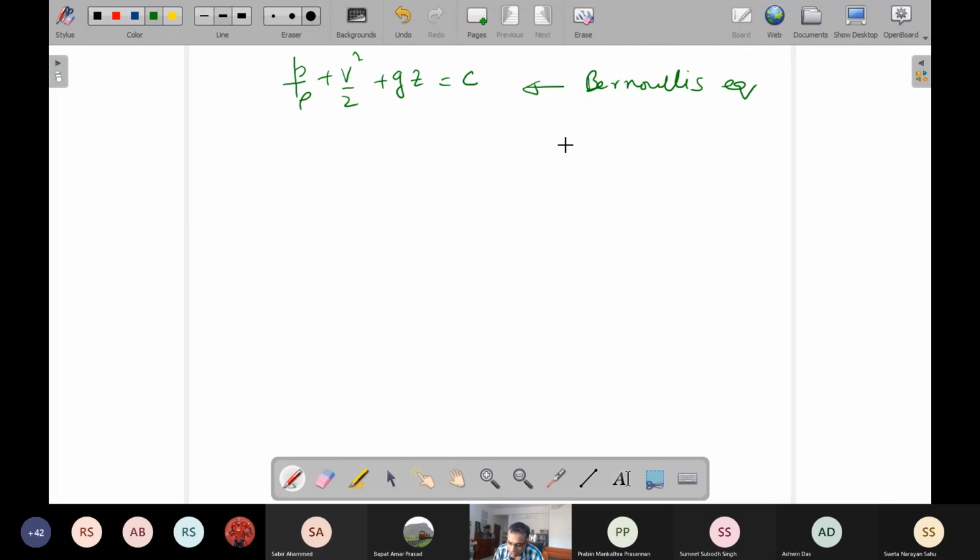It tells that the sum total of three things is a constant, either a constant over the entire flow field, or a constant along a streamline, or constant along another specific line. Whatever it is, it is a constant. So what does it actually mean? To give it an interpretation, we will start with the terms which are intuitively more obvious to explain. So V square by 2, you can say half m v square by m, right?